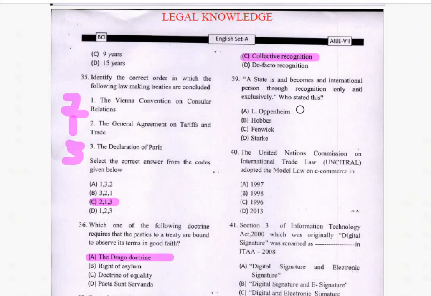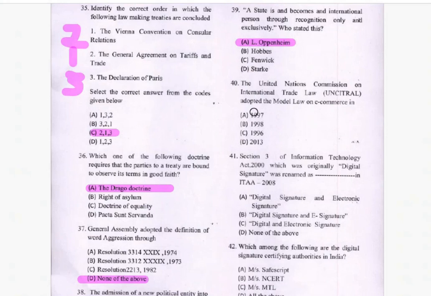Then a state is and becomes an international person through recognition only and exclusively. Who stated this? Oppenheim.